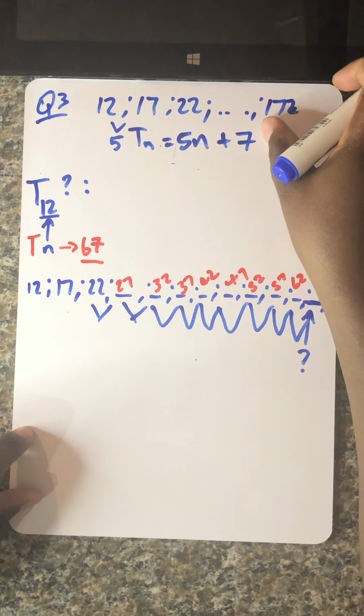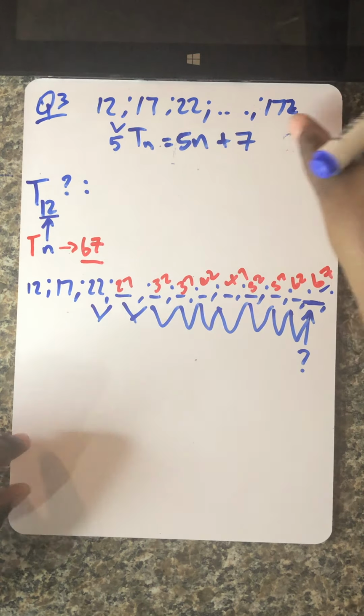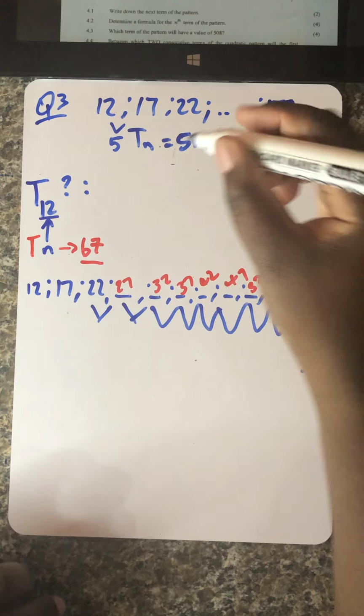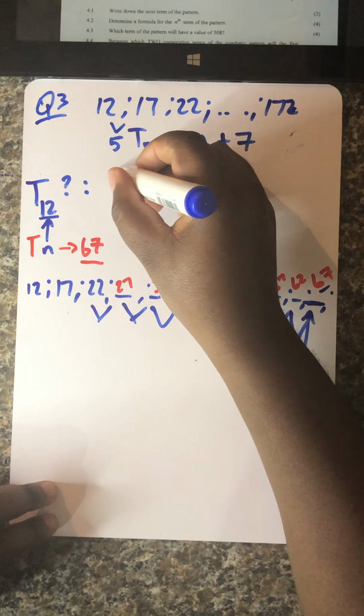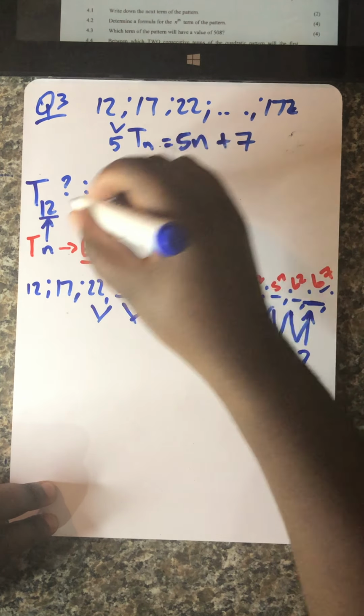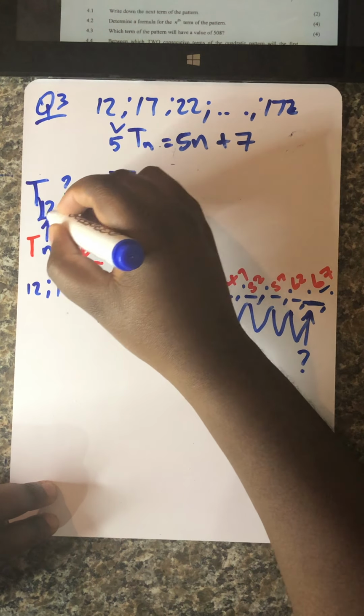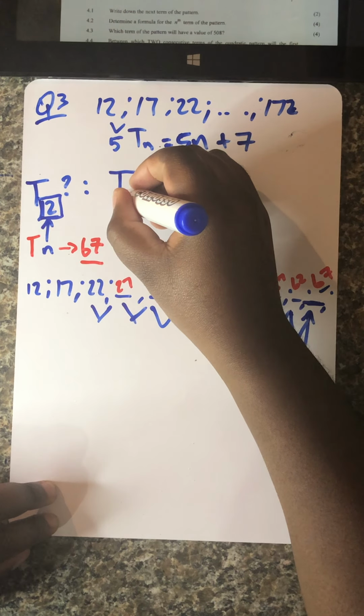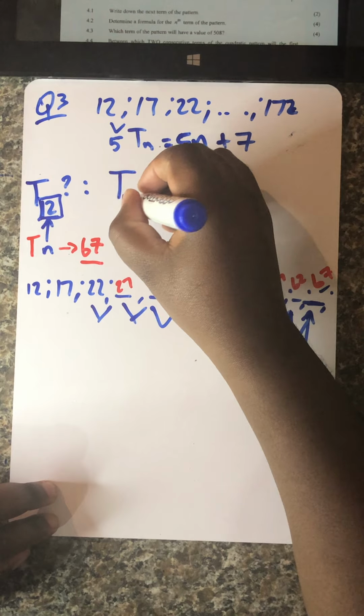Okay, ladies and gentlemen, I hope you can't wait to test that formula. So let's see, how do we do it? The question wants us to calculate T12, and you know this is the position for n. Okay, so that means in place of n we substitute 12.